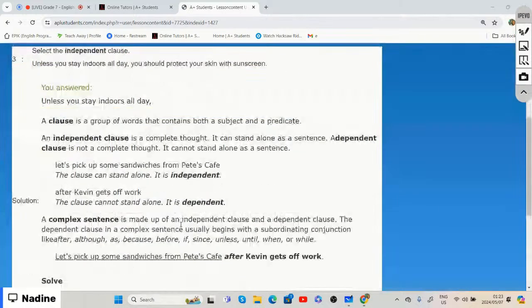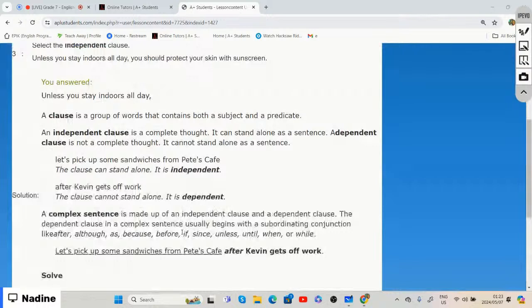And remember, we did say we have independent clauses and we have dependent clauses.